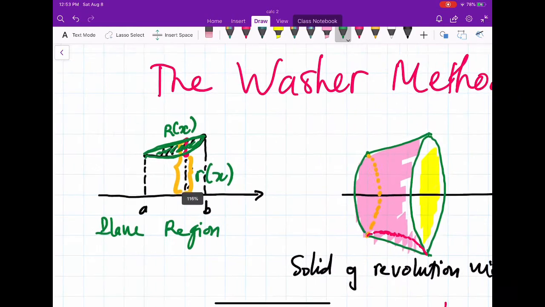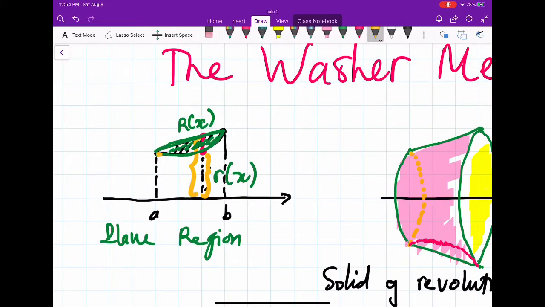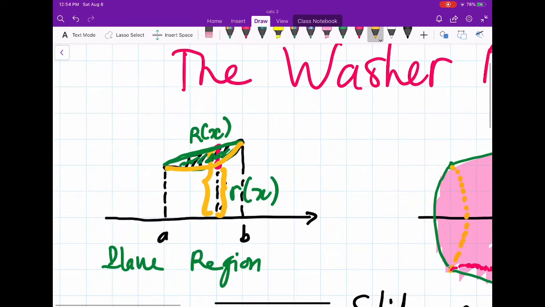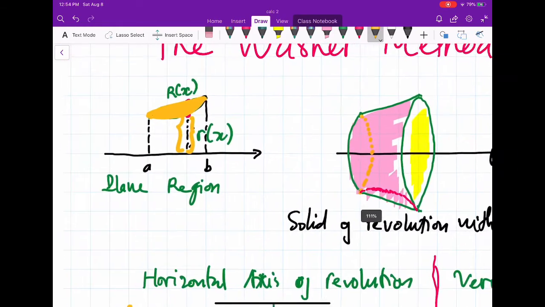With respect to the first curve, you have one solid region, and you can find the volume of that using the formula right here, rotating about the x-axis. With respect to the other curve, again you can find the volume of the solid region obtained by revolving it about the x-axis. The volume of the solid region obtained by revolving this part about the x-axis would be the difference.